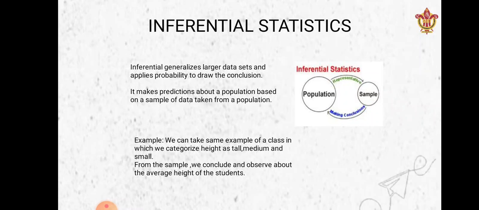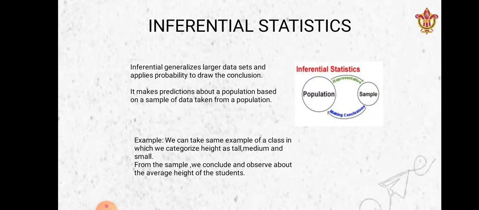After prediction we will conclude with some results, right? So whatever results we get from the sample have to be given back or returned to the population. The example would be the same. If I want to measure the height of 30 students in my classroom, then I can categorize them as tall, medium and small.